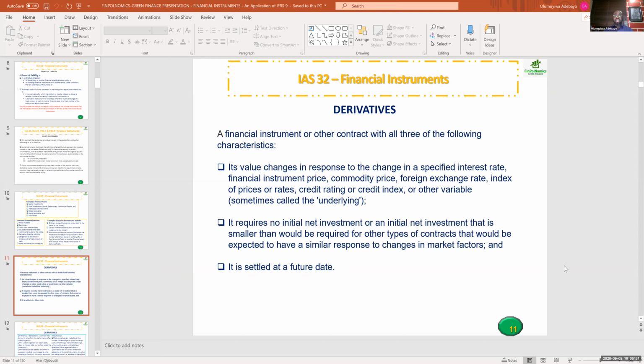And what kind of risk are we managing? If you are a party that will require payment in the future, and those payments will be made in dollars, therefore, the phobia you have is the possibility of Naira depreciating, so that you will need more Naira to buy the same quantity of dollar. Now, the second aspect is this.